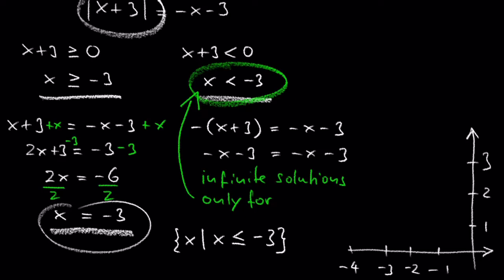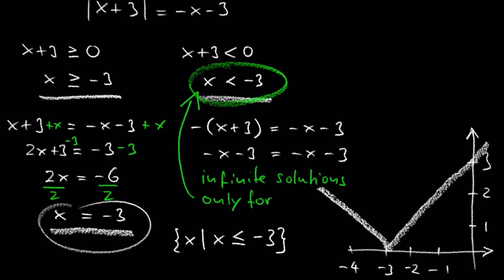The absolute value of x plus 3 is the same graph like in the previous example. So this graph looks like this.